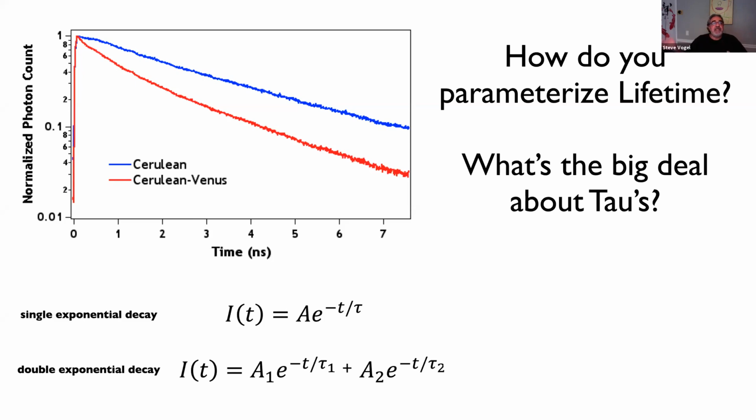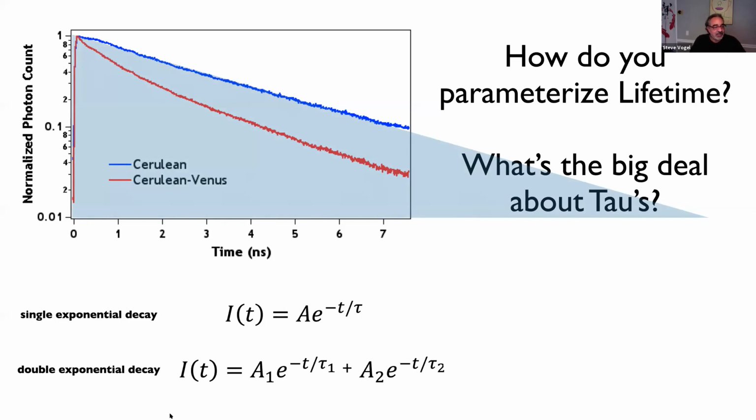So what's the big deal about taus? And this is a confusing thing, particularly for people who are not comfortable with the mathematics and the idea of what is a time constant. So one of the big deals about taus for a single exponential decay is the tau.